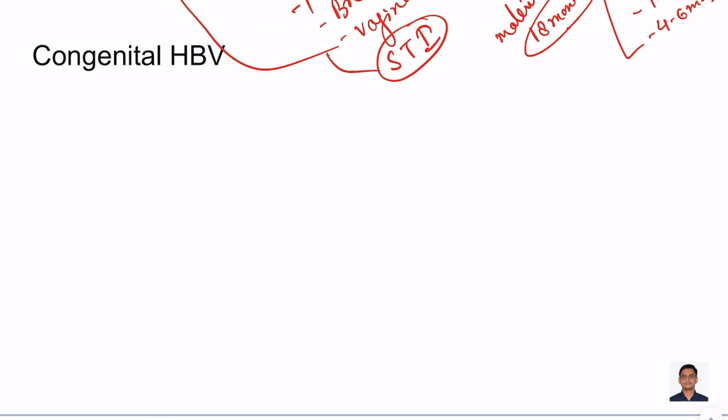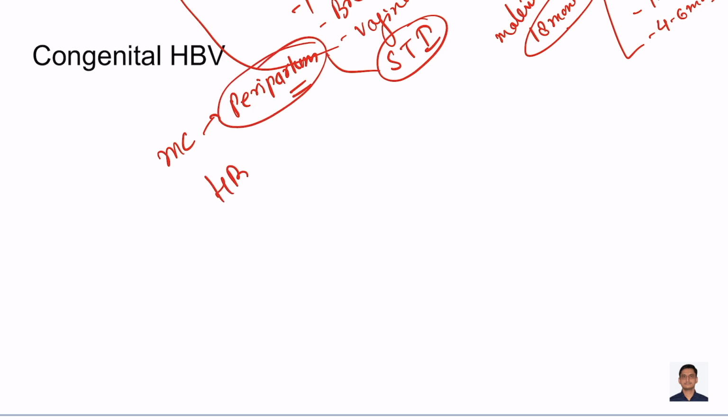Next infection is congenital HBV infection. It is most commonly transmitted during the peripartum period, like HIV, especially if the mother is HBs antigen and HBe antigen positive.